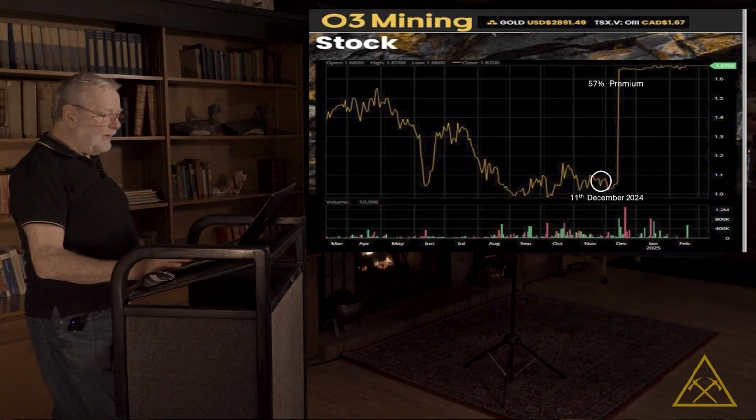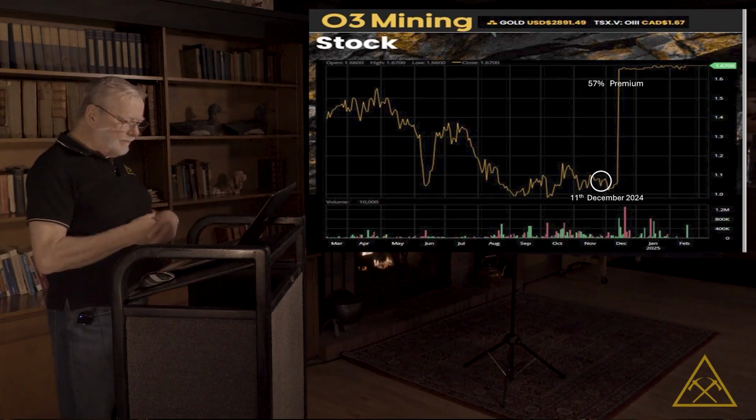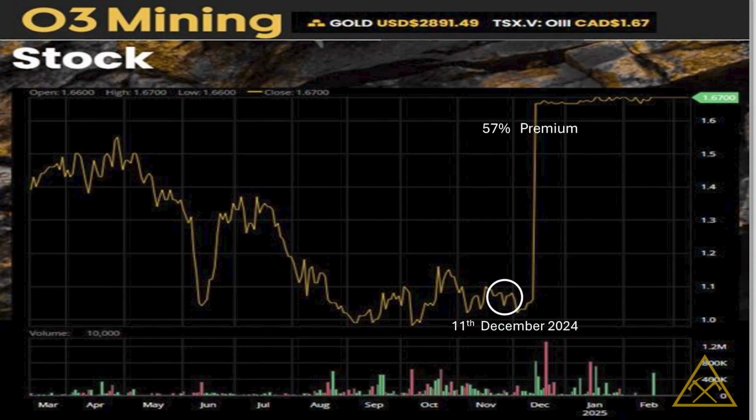So here's Q3 Mining's stock performance. This goes back to March of 2023, and everybody's excited and not excited, and then they get excited again, and the stock's going kind of sideways and down until the deal was closed with Agnico Eagle, and the stock was halted, and then it opened 57% higher.